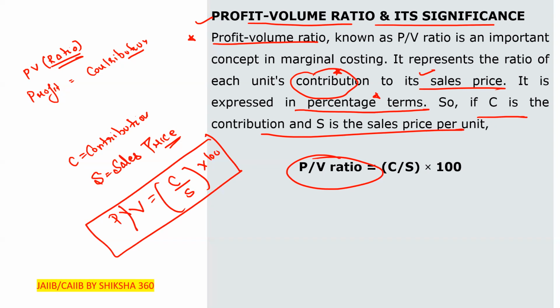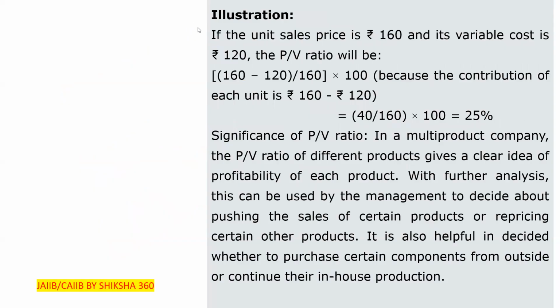Now on the basis of that, we have to discuss some numericals. For example, if the unit sales price SP is rupees 160 and the variable cost is rupees 120, then what will be the PV ratio?